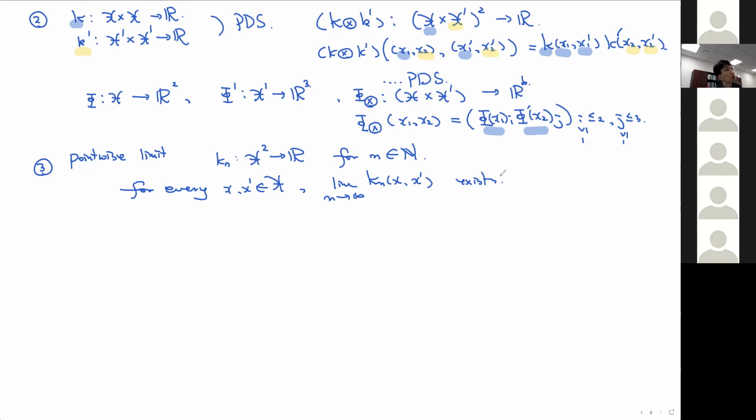Okay, so it's just some real number. Also all of these are positive definite kernels. We can define k by taking the limit, for x and x prime. Then it turns out this also becomes a PDS kernel.